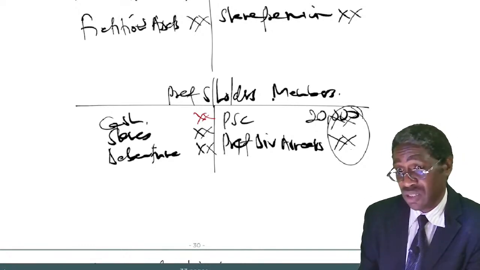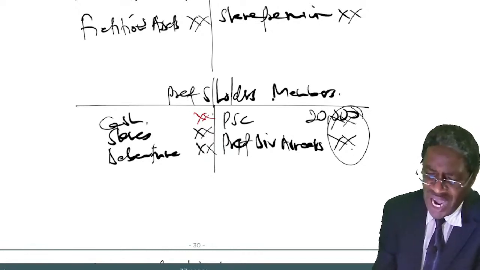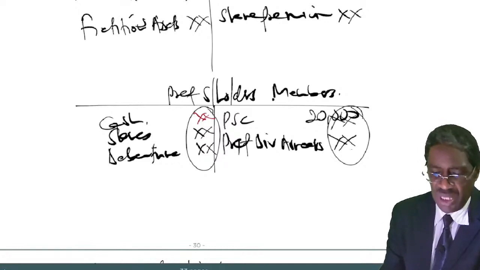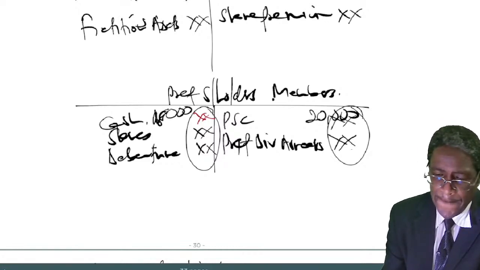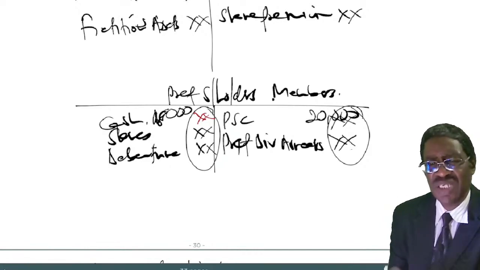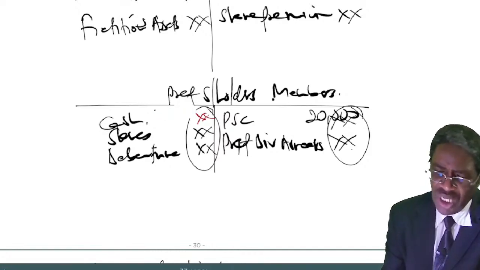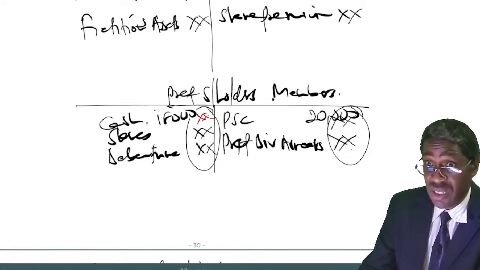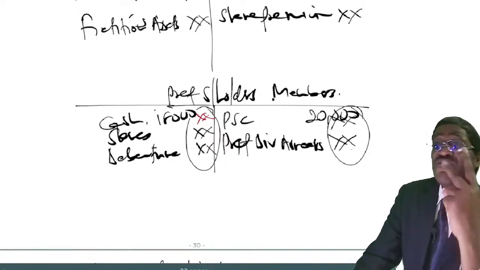When I add the payments here on the debit, let me assume they come to 18,000. That's what I'm assuming. So according to this account, I owe my preference shareholders 20, but I can see I'm paying them only 18. There's a difference of 2,000.